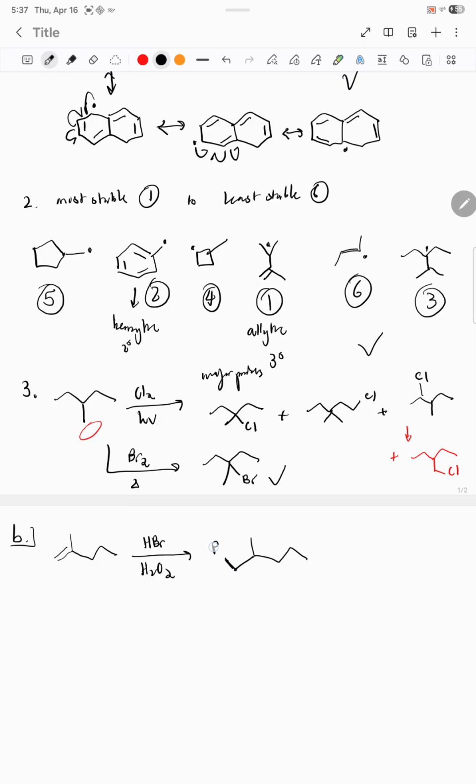Oh, and to point above, seems like we get racemic here. Let's double check above. Ah, yes. We get racemic there.